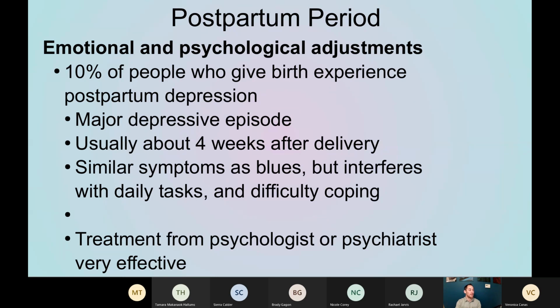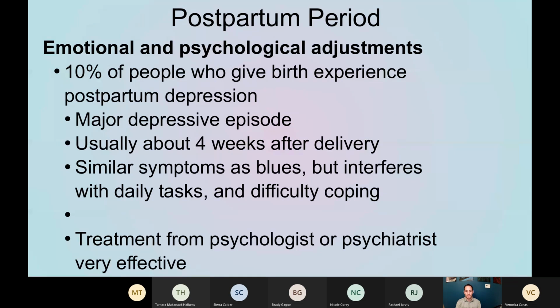At that point, they may still be having difficulty doing daily tasks and coping, and have other symptoms of depression generally, like a negative or neutral affect, not being interested in doing things. Those are pretty common symptoms of depression. Also sleep problems that don't seem to be caused just by an infant's sleep schedule. And these have essentially extended through that 4-week mark.